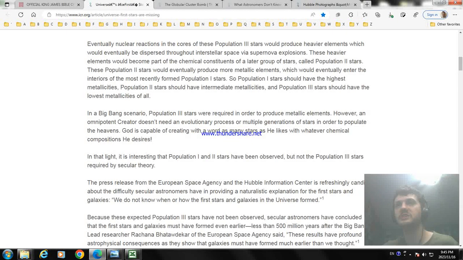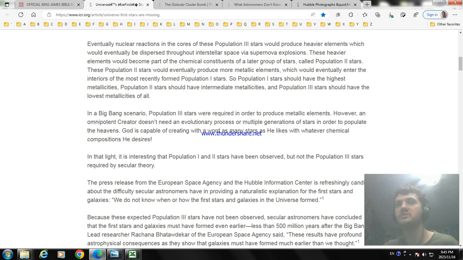Eventually, nuclear reactions in the cores of these Population 3 stars would produce heavier elements, which would initially disperse into space via supernova explosions. These heavier elements would become part of the chemical constituents of a later group of stars, called Population 2 stars.